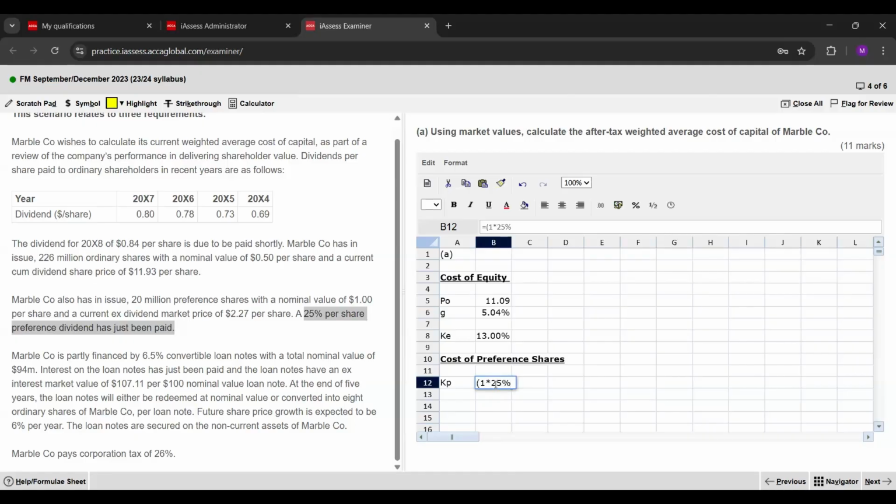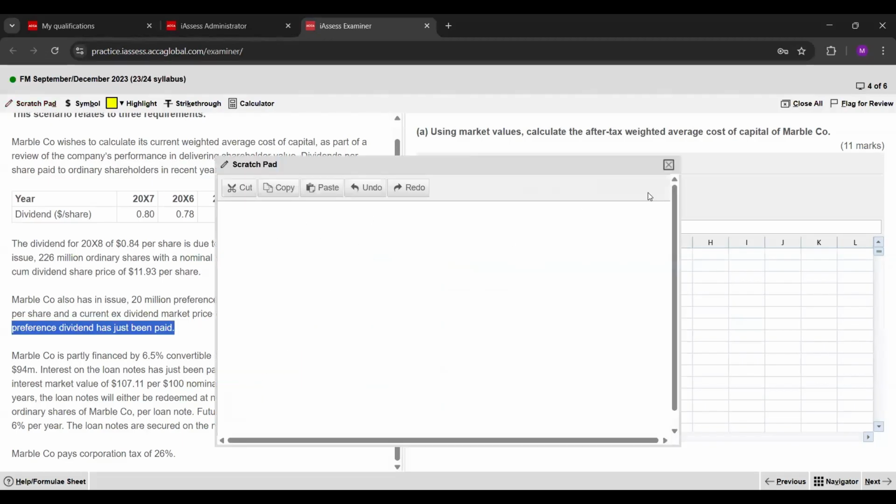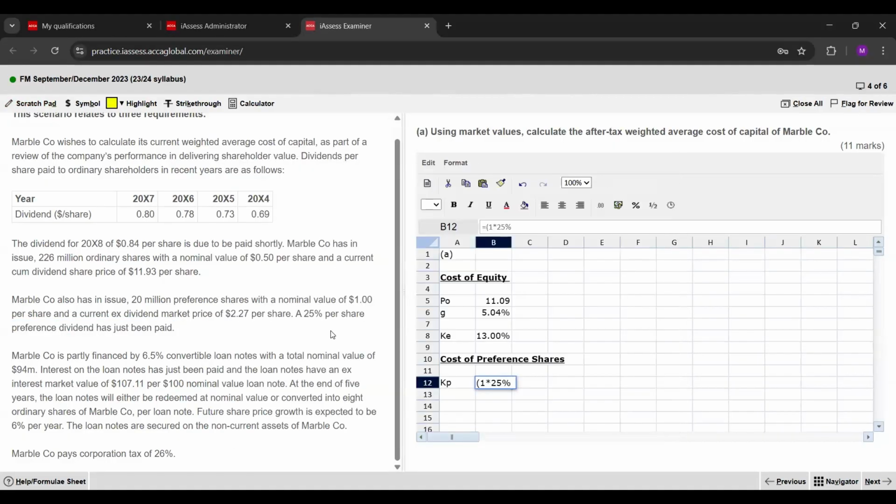Okay, so guys, important point. When you're doing the question, you know definitely the nominal value is $1 and we are paying a 25% dividend. Therefore, obviously the dividend is 25 cents. But when doing the question, you are not supposed to type 0.25 divided by the market price, 2.27.